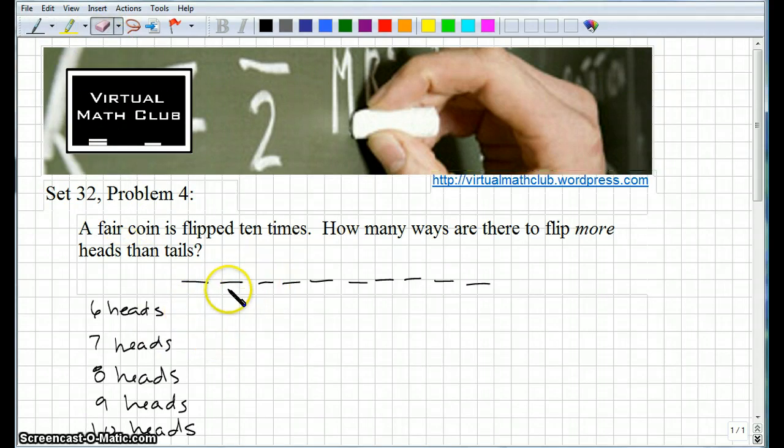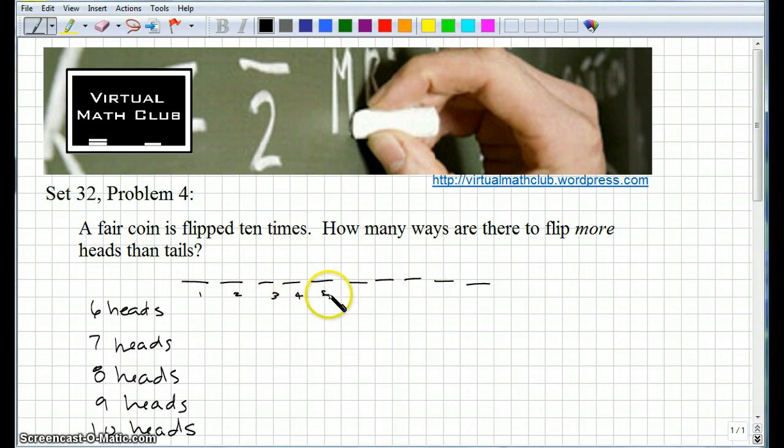It could occur on the second, and the fourth, and the fifth, and the sixth, and the 8th, and the 10th, or something. It can happen on any number of flips. If this is the first flip, this is the second, third, fourth, fifth, sixth, seventh, 8th, 9th, or 10th flips.